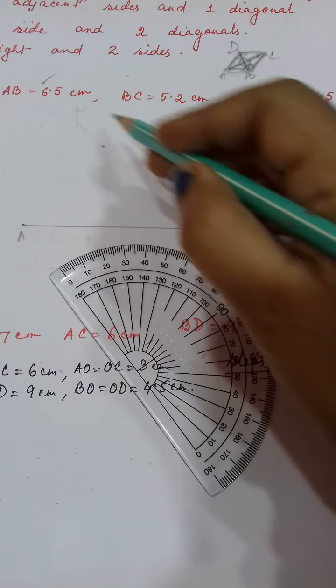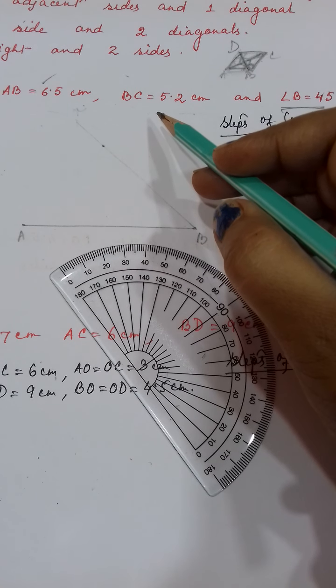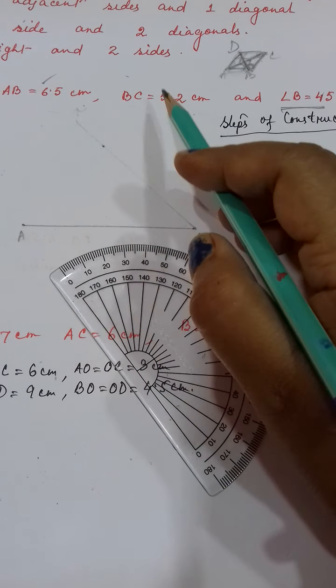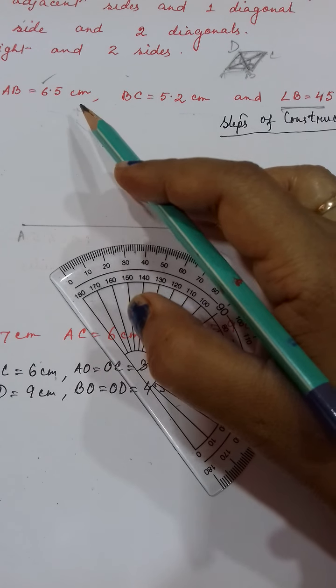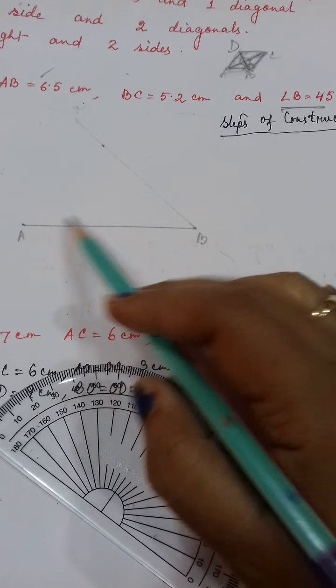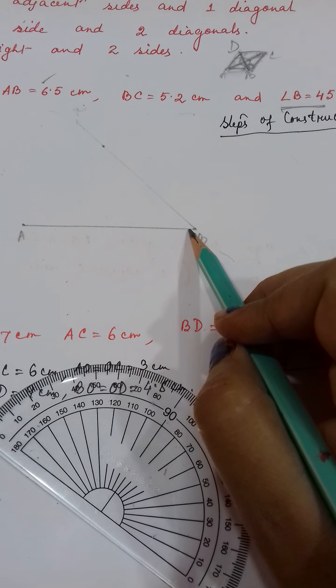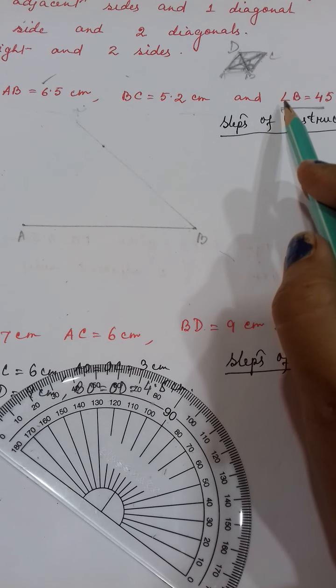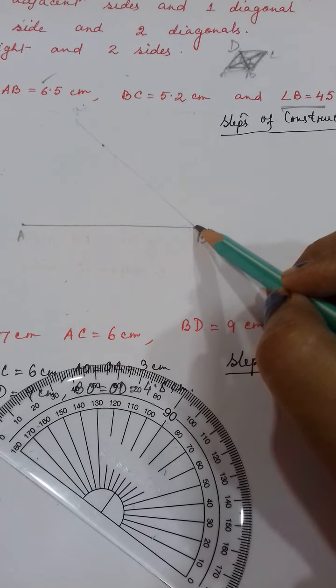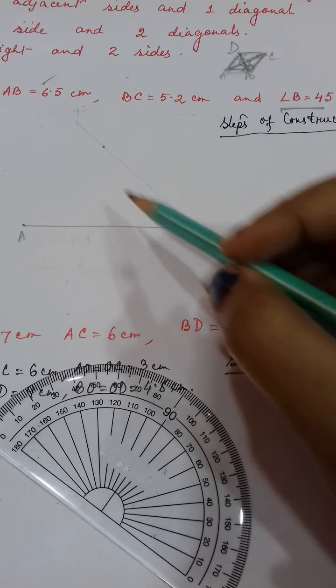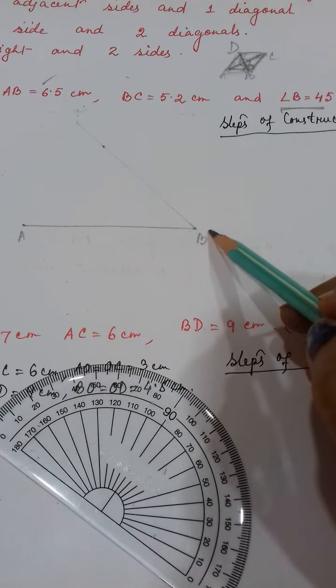So here AB and BC are the two adjacent sides. Clear? So among these two line segments, with any one line segment you construct the baseline. But mind it, one thing you have to remember, you will see which angle is given to you, so that vertex must be there. Clear? So AB is 6.5 centimeter.